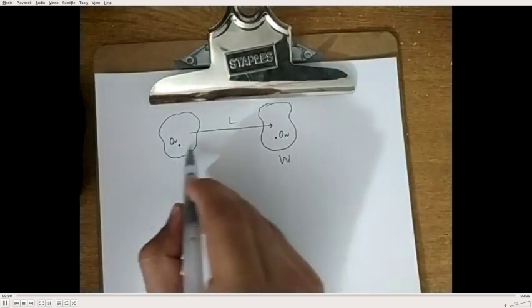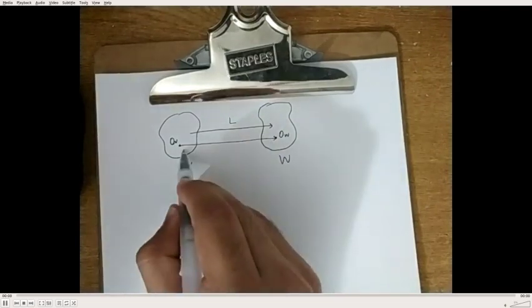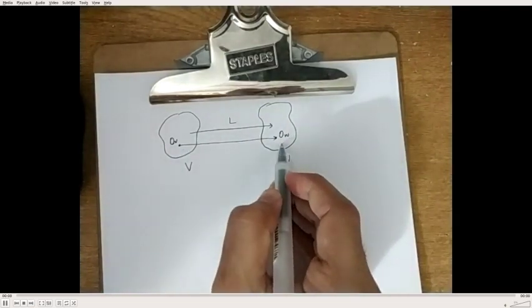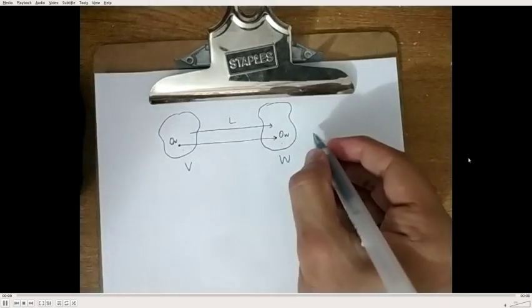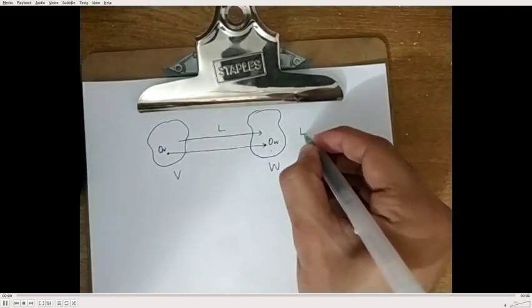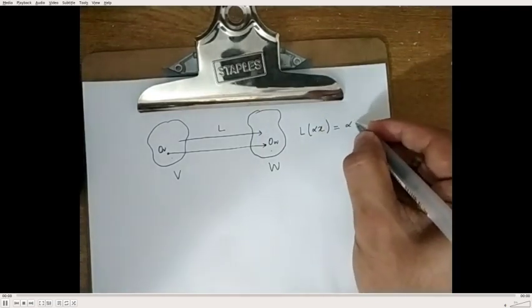If it's a linear transformation, then you're guaranteed that this 0 is going to be mapped onto this 0. There's no other way about it. And the way we know this is just to consider the property of a linear transformation: L of alpha x is simply alpha L of x.